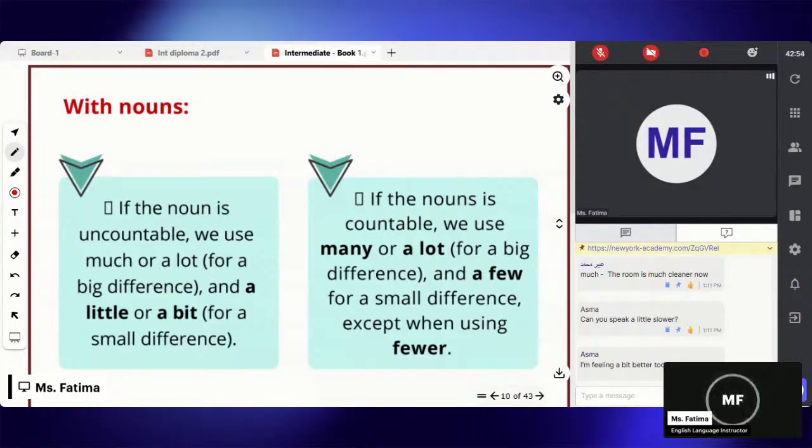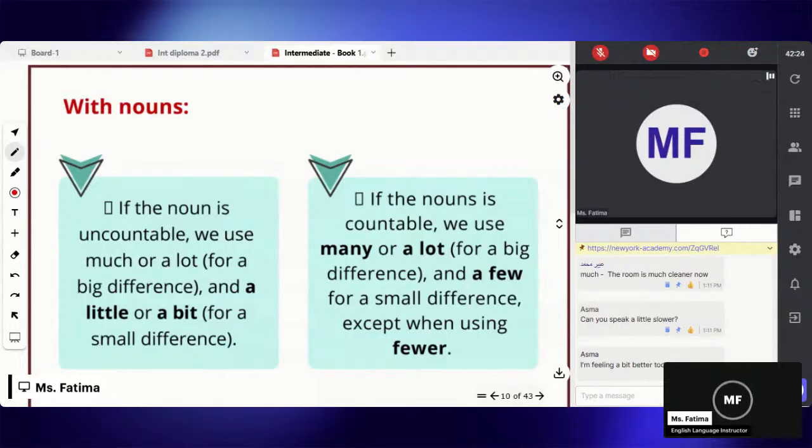Cool, everybody? So in the noun case, before using the quantifier we need to consider whether the noun is countable or uncountable. Here we have a table for comparison.